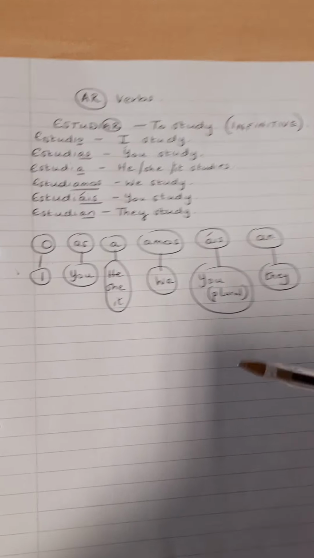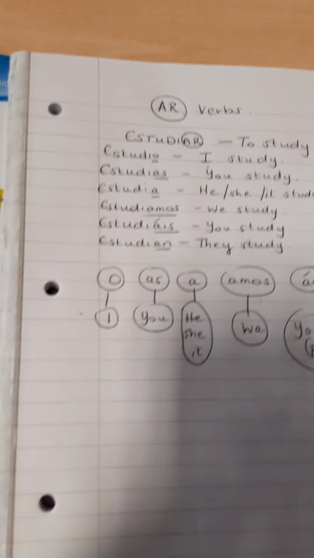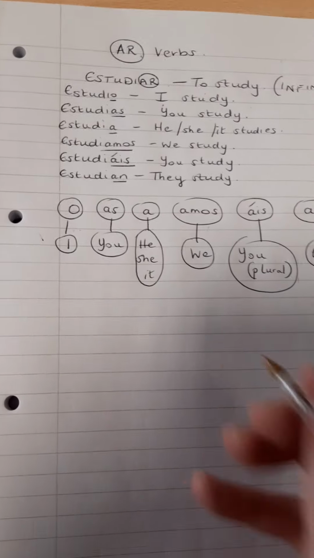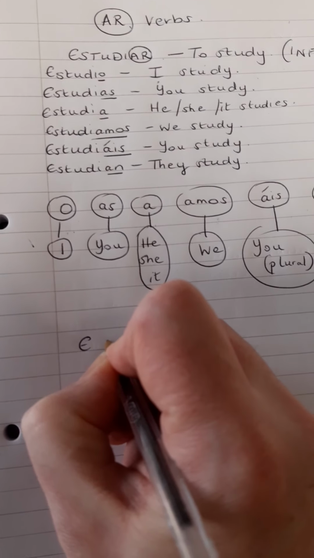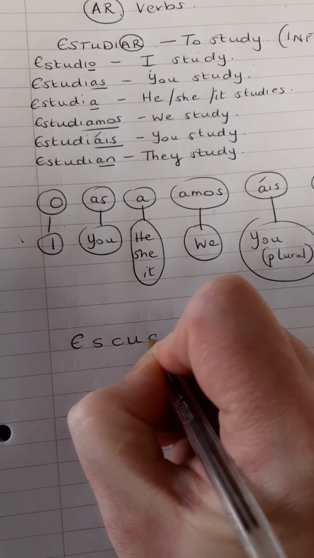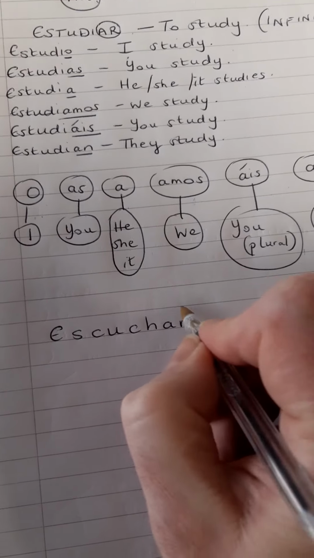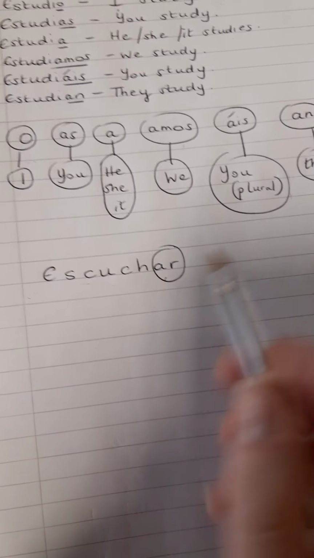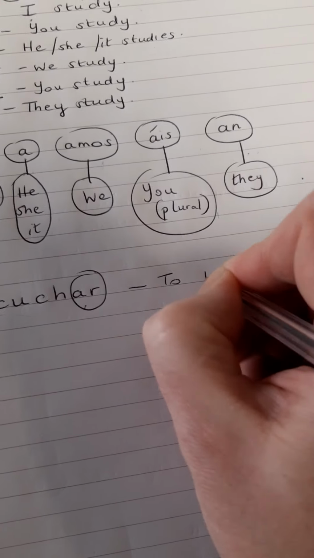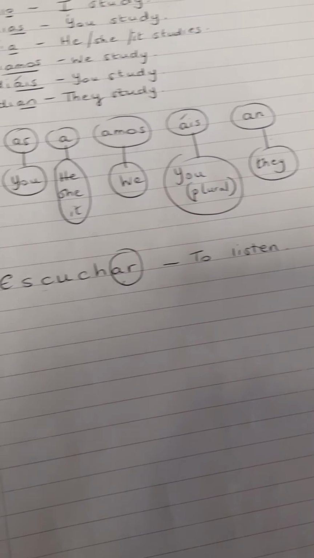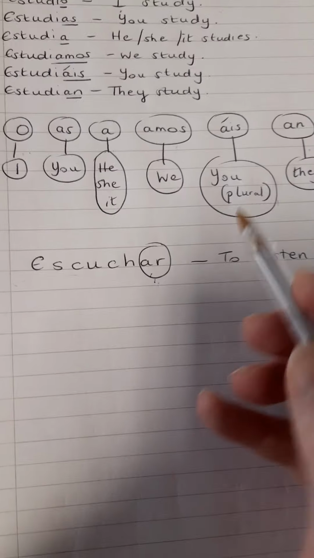Good. Now, how did we actually form the verb? Well, just so that you know for any other verb, let's take another verb. There's the verb escuchar, to listen. We have what we call the infinitive ending.